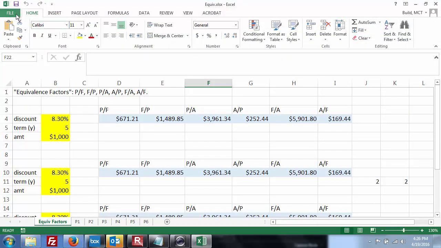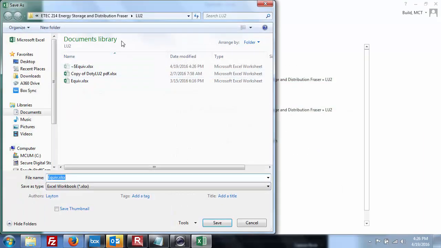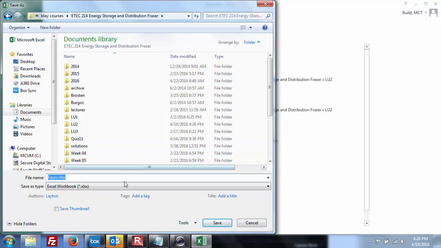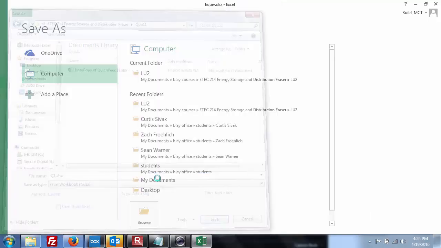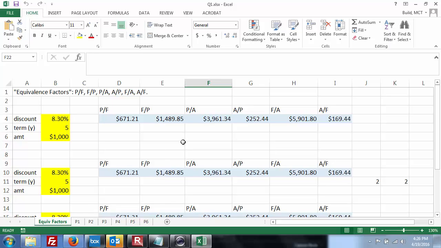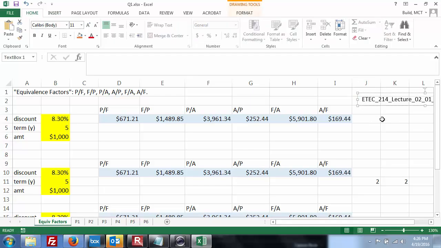Okay. So I'm just going to take my equivalence factor file, save as LU2 up here. This is going to be quiz 11, question 1. And let me see if I can get a text box going there. Insert, text box.